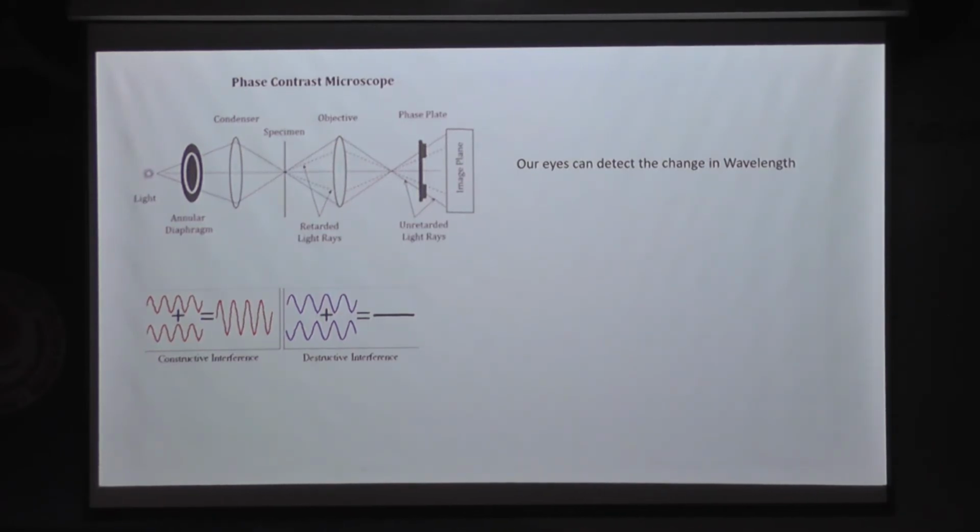Based on that, the light coming out of the specimen changes. You can see this is one type of light and this is another type of light.